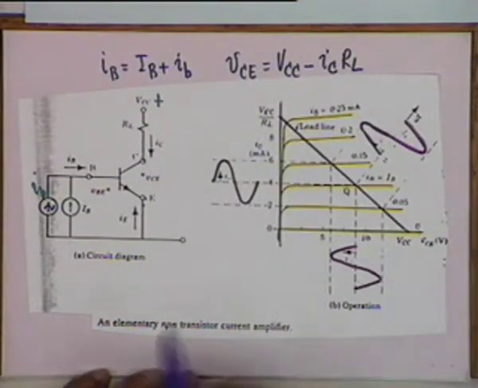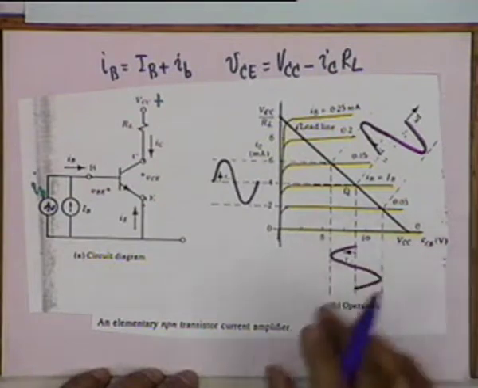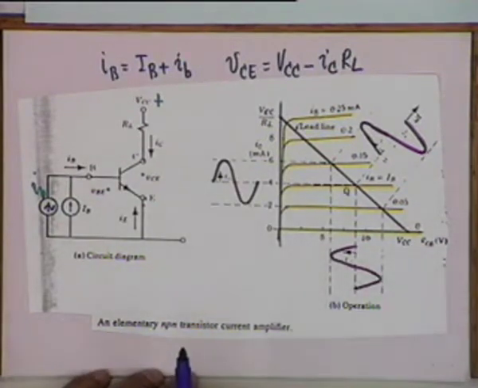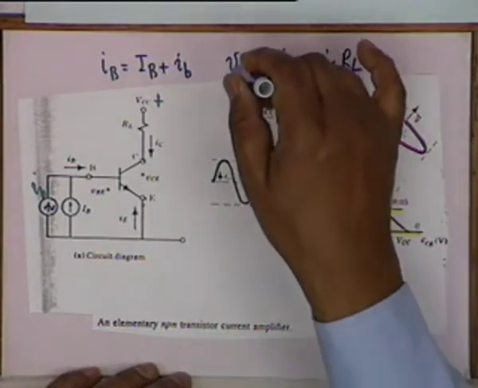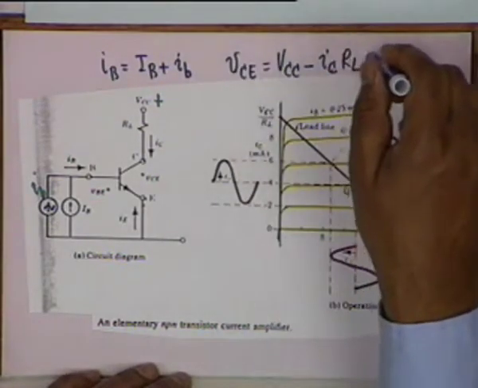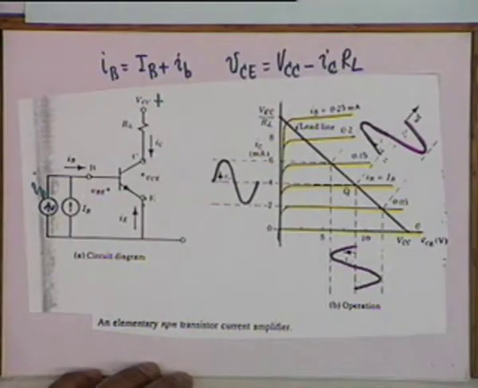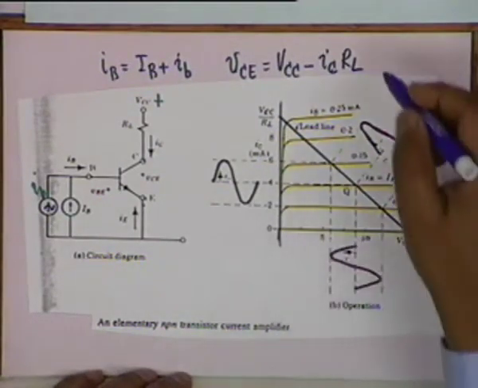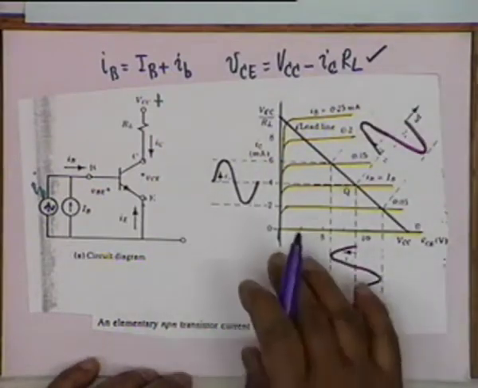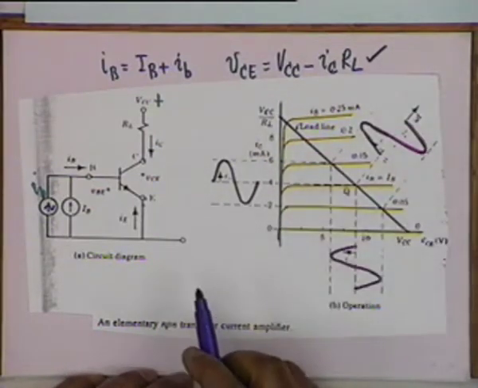These characteristics are nonlinear, and therefore VCE and I sub C should satisfy this relation and also the characteristic curves, and therefore we draw this straight line on the characteristic curves. How do you draw it?